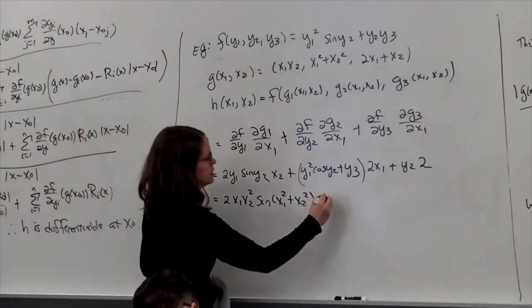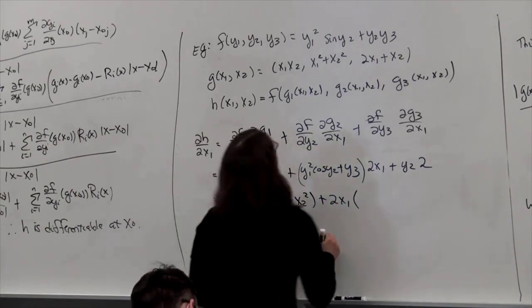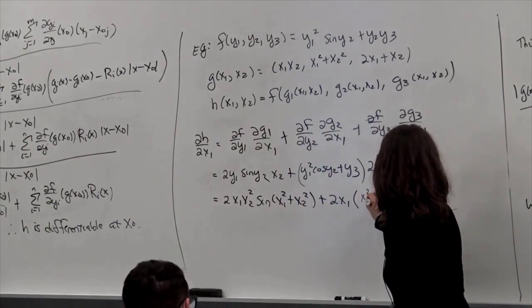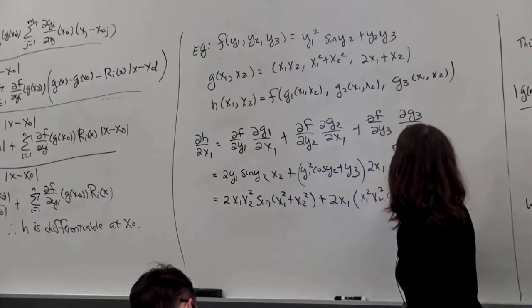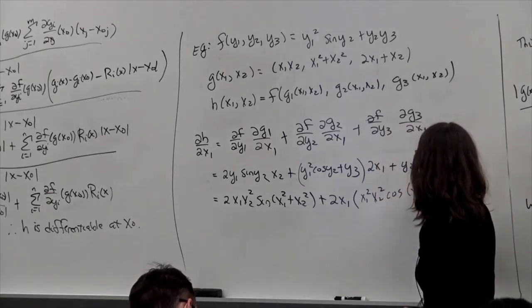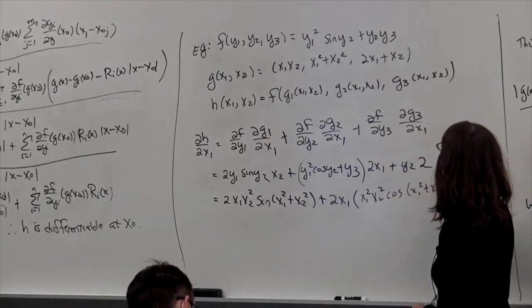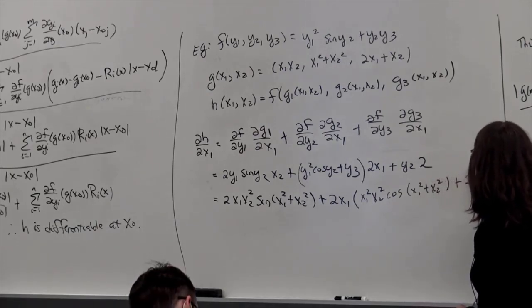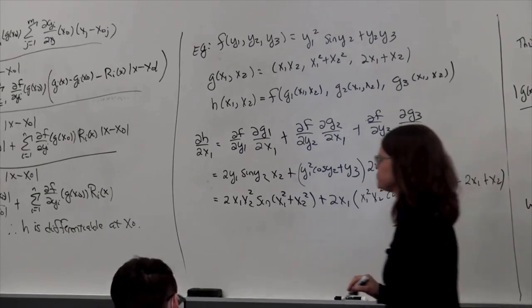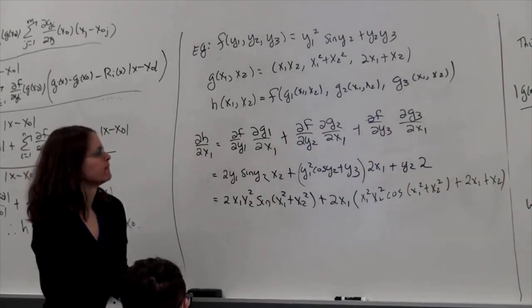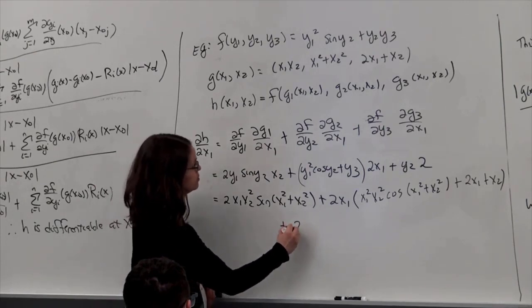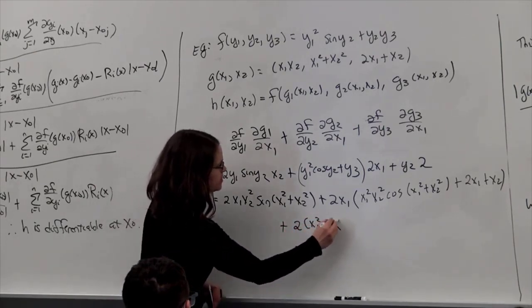Okay, plus 2x1 times y1 squared, which is x1 squared x2 squared. Cosine y2 is the sum of the squares, plus y3, 2x1 plus x2, plus 2 times y2, which is x1 squared plus x2 squared.